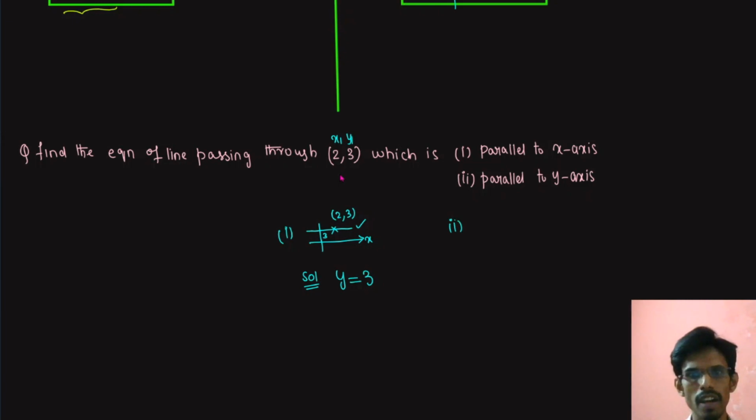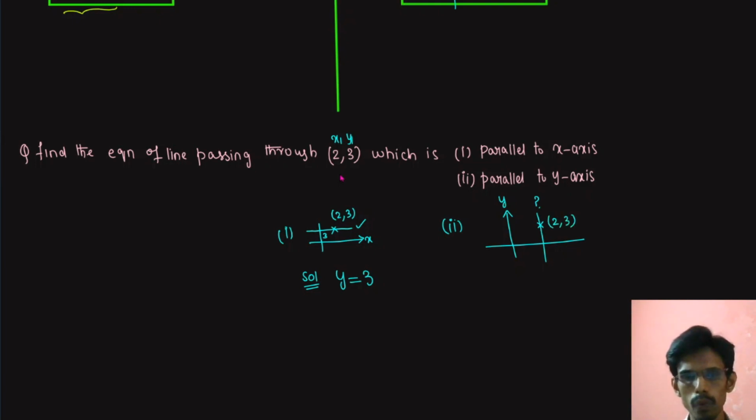Second question, here we have parallel to the y-axis. Let me draw the coordinate axis. Now this is the line which is parallel to the y-axis. This is the y-axis and we want this equation. Now this line is going through the point 2 comma 3.